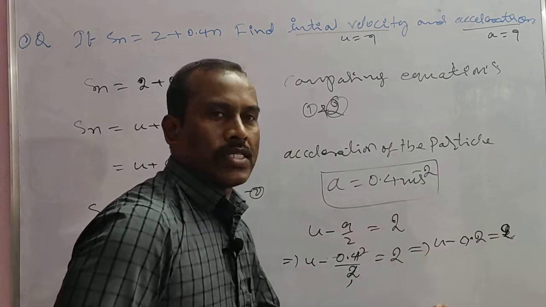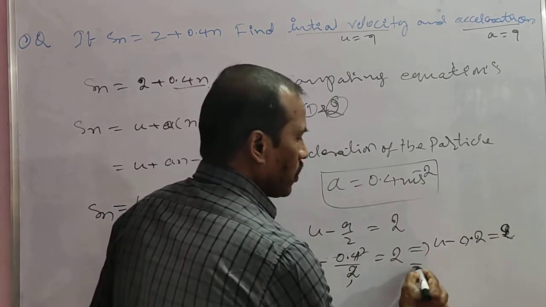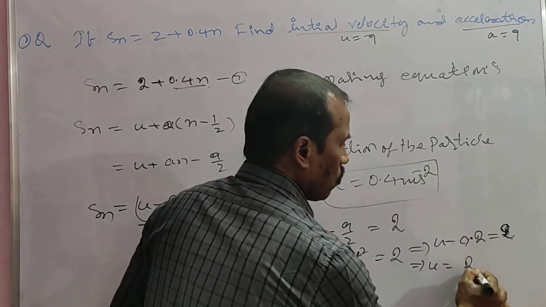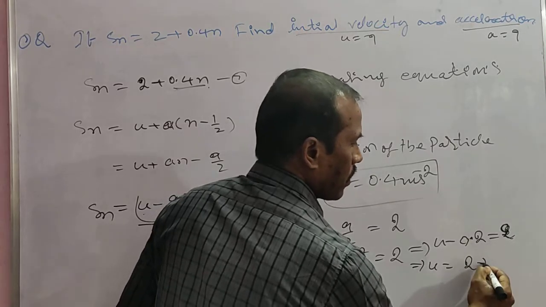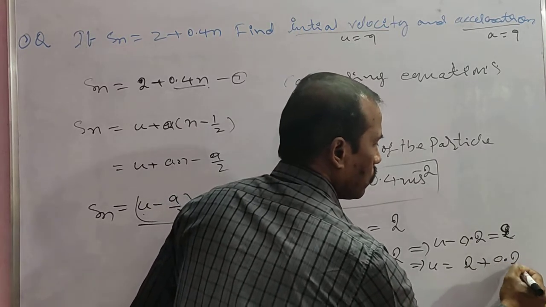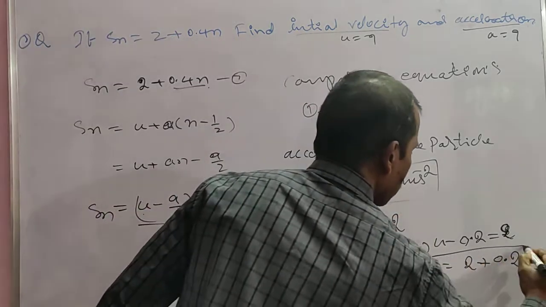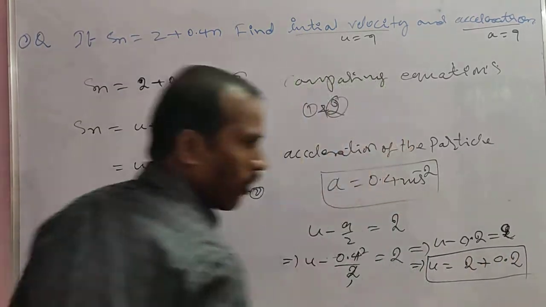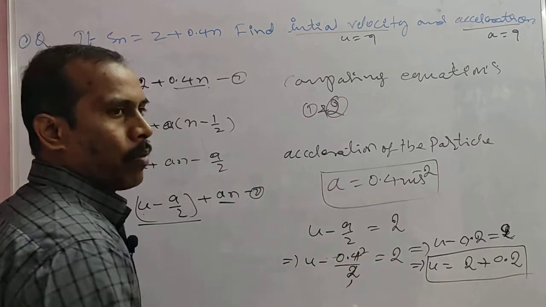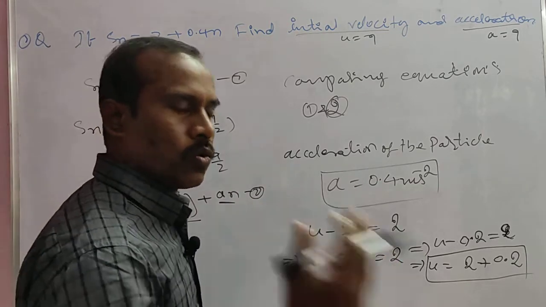Now the initial velocity u is equal to 2 plus 0.2, taking it to the right side as positive. So the final value of the initial velocity is 2.2.